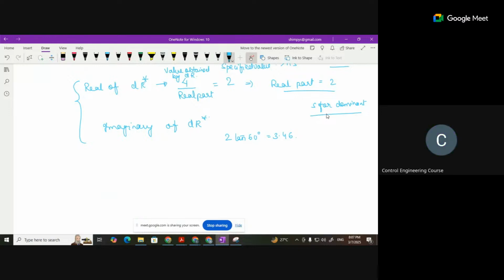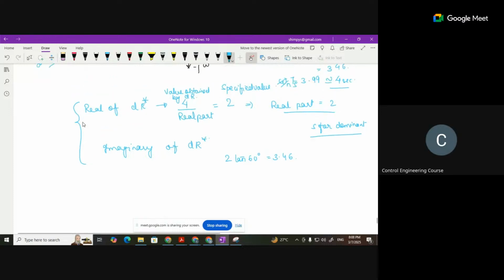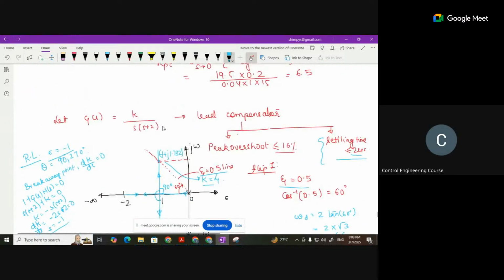Here there is one more step. If I see where s equals minus 2 plus minus j 3.46 is going to lie, it is going to lie somewhere here, at the intersection of minus 2 and the cos theta line.